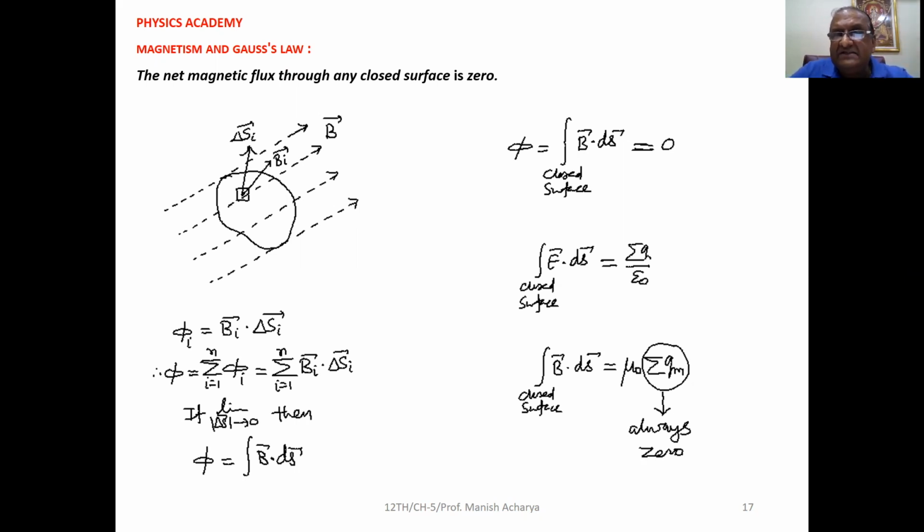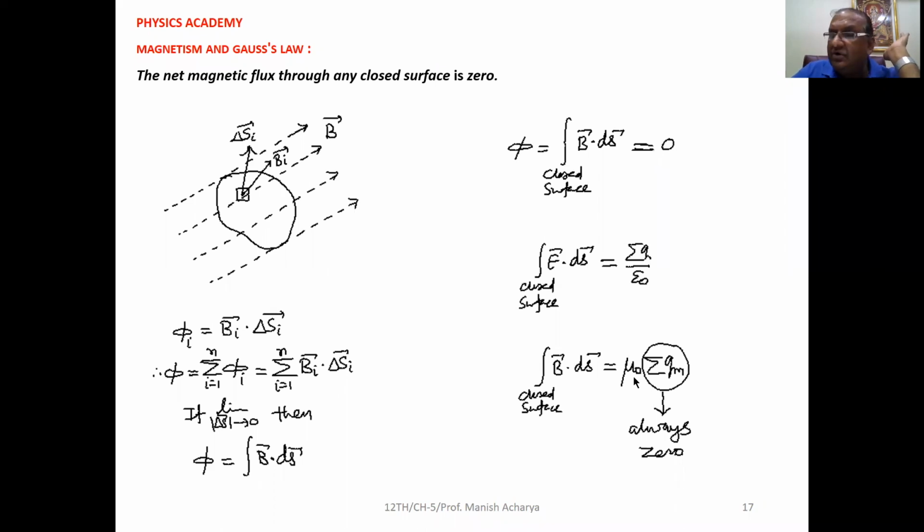But see here, as per Gauss's law, this magnetic flux through any closed surface is 0. So if we take this flux equal to 0, it means mu 0 sigma qm is equal to 0.